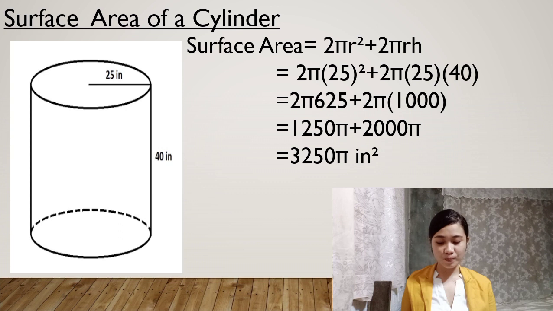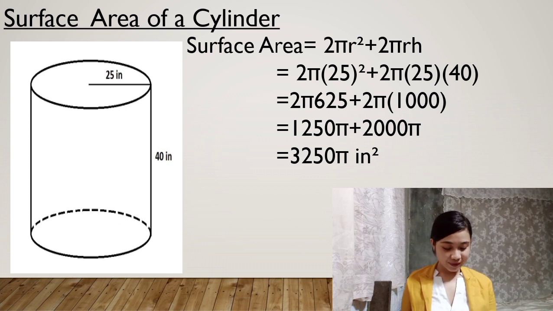So, we have 2 pi 625 plus 2 pi. I-multiply natin yung radius times height, which is 25 times 40 is equal to 1,000. So we have now 2 pi 625 plus 2 pi times 1,000.